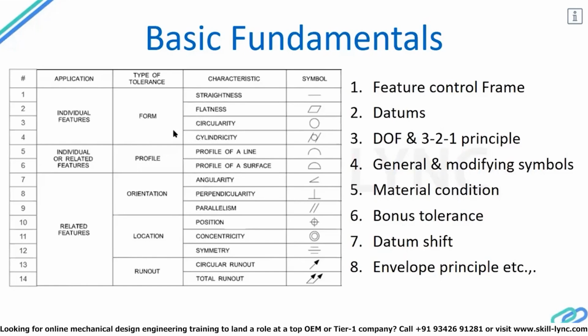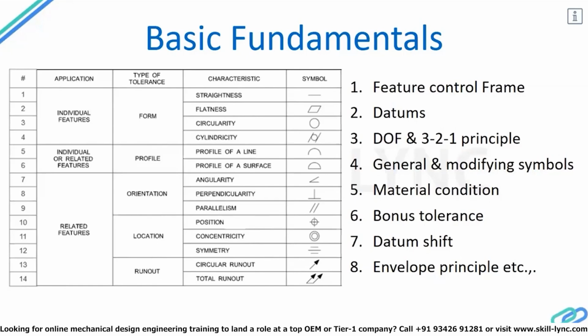All those you can term it as geometry, and they are further divided into the given line items. For example, form tolerance is further classified into straightness, flatness, circularity, and cylindricity. And the respective symbol available for straightness, flatness are given in this column. You can refer here. So these are the 14 basic symbols and geometrical controls available in GD&T. With these symbols, we will communicate what is our design intent in any drawing.